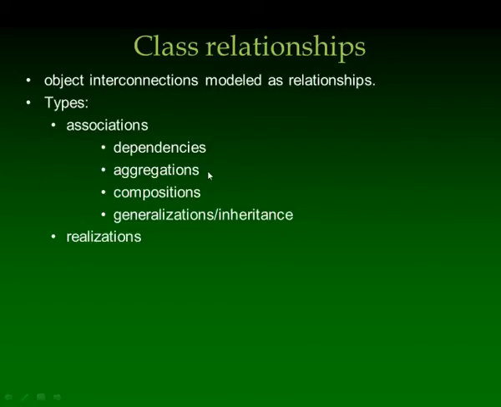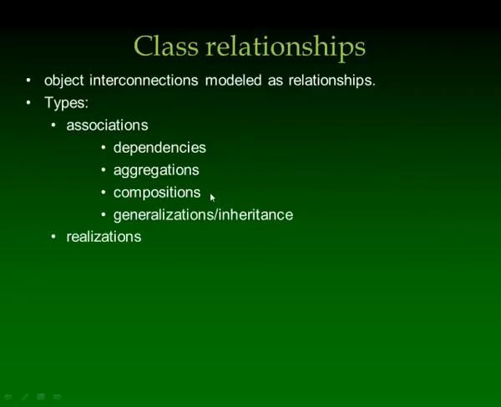Then aggregation says class A has class B as an attribute. So it actually has a variable storing an instance or maybe a collection of instances of class B. And then composition says class A owns class B as an attribute, okay? At first glance, aggregation and composition look quite similar.